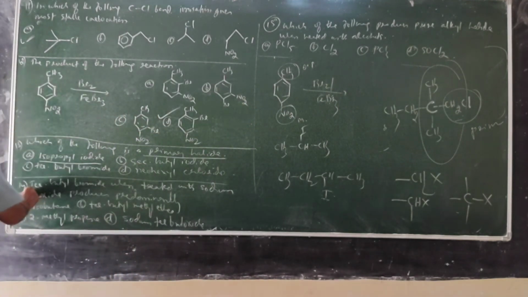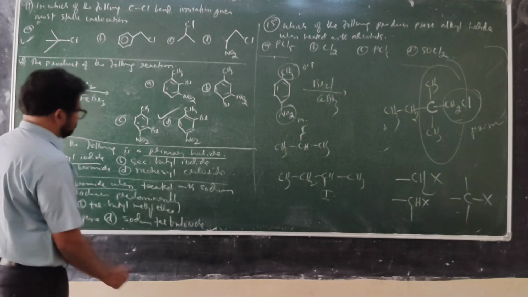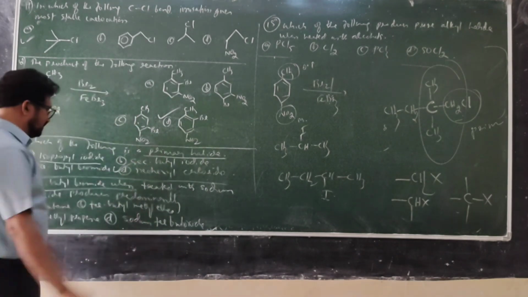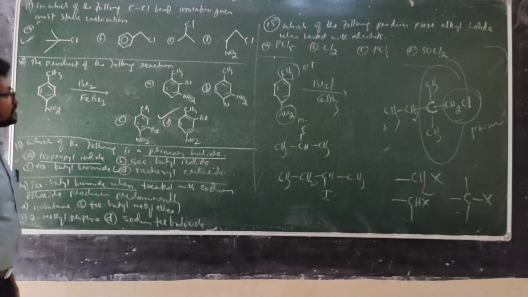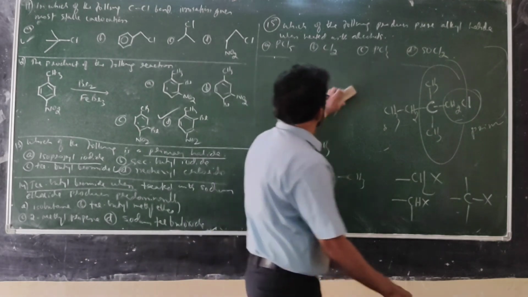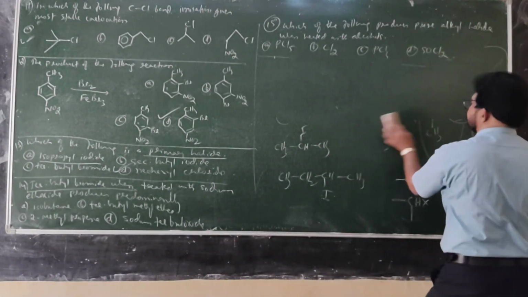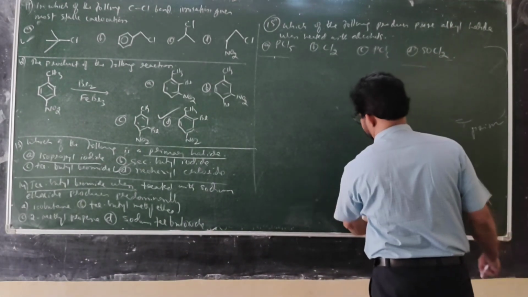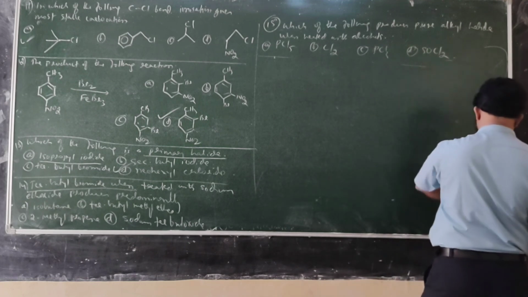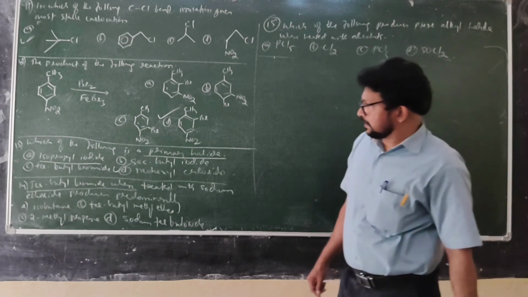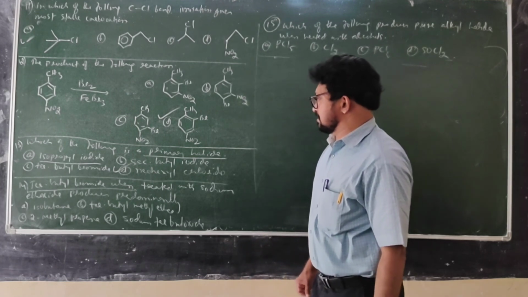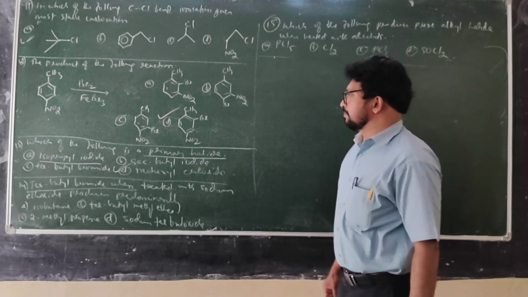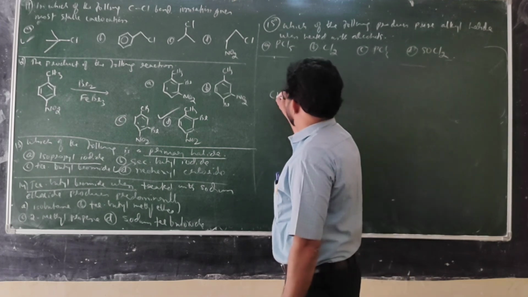Question number 40. So neohexyl is correct here. Tertiary butyl bromide, when treated with sodium ethoxide, produces predominantly what?